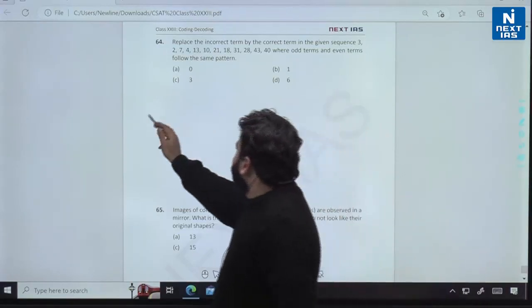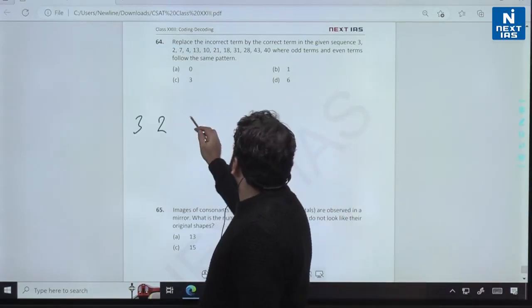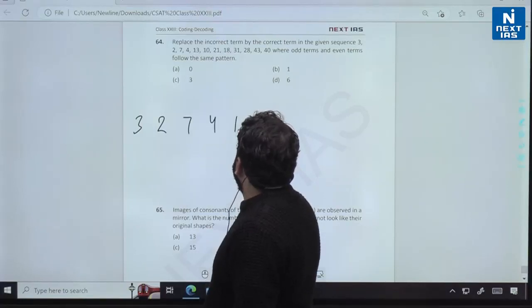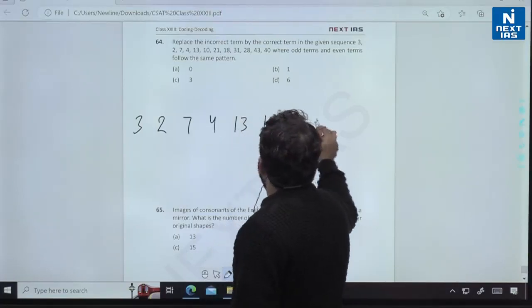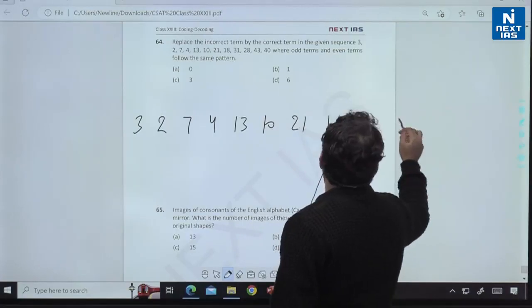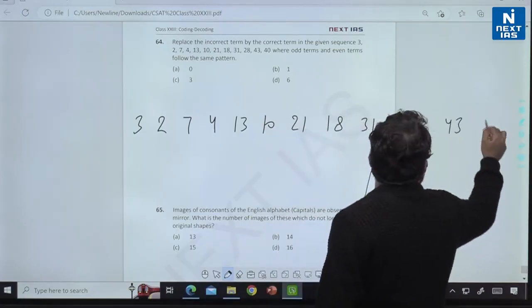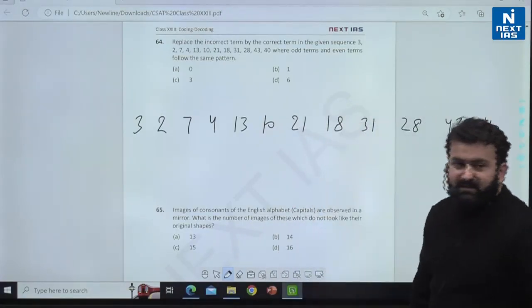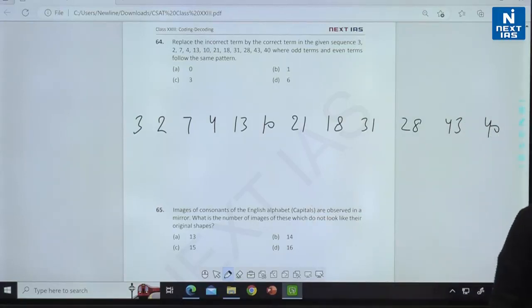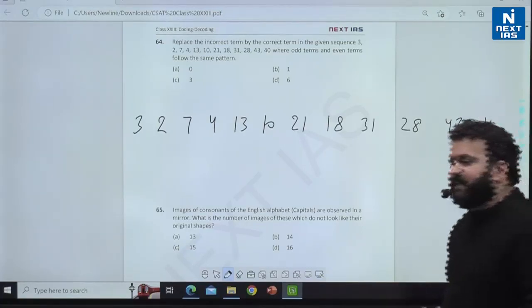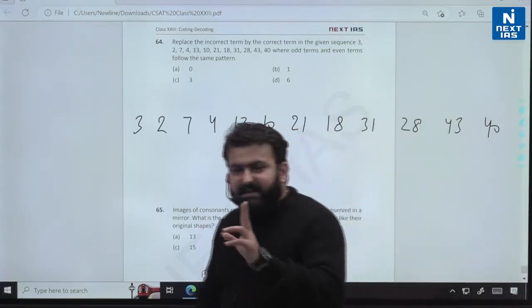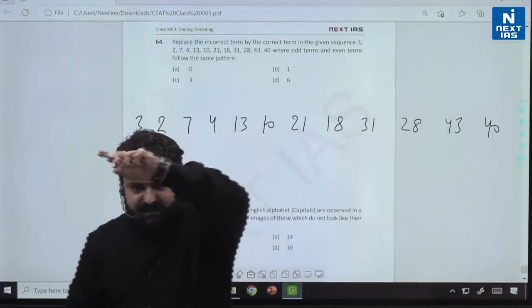So now here in this case, just write down the terms 3, 2, 7, 4, 13, 10, 21, 18, 31, 28, 43, 40. Now, given where odd terms and even terms follow the same pattern. अब odd terms का meaning क्या है? अब देखो यहाँ पे it means odd terms means the position.